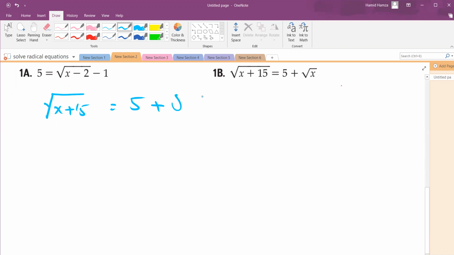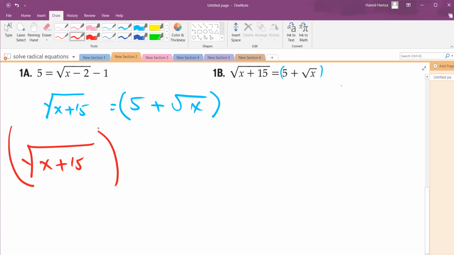It will be root x plus 15 on one side and 5 plus root x on the other. If you have two terms like this, put them together in a parenthesis and directly square both sides. So we square root x plus 15, and we square 5 plus root x.